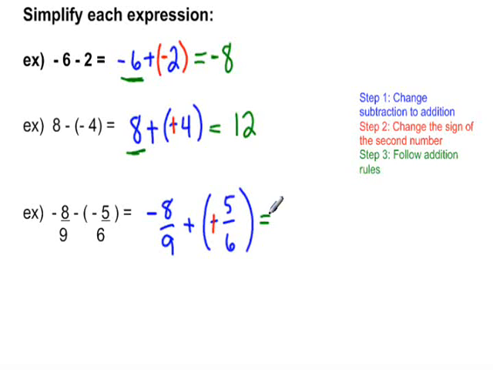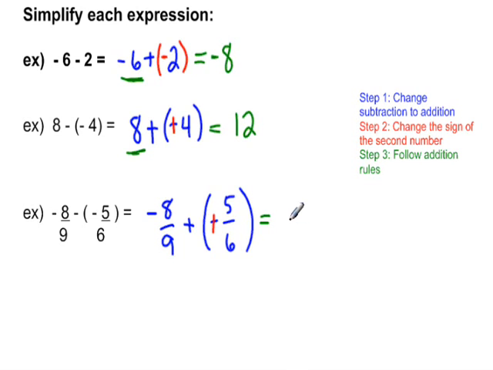Okay, now first of all I see that I have a negative and a positive, so with addition rules that tells me I'm supposed to be subtracting these. Now anytime I subtract fractions, I have to make sure that I have common denominators, and right now I don't. So I have to figure out what my common denominator for 9 and 6 is.